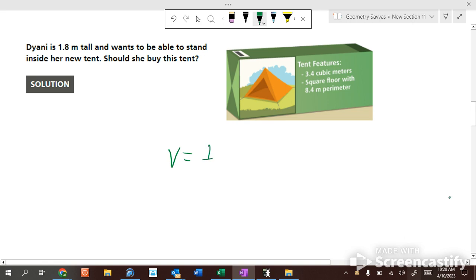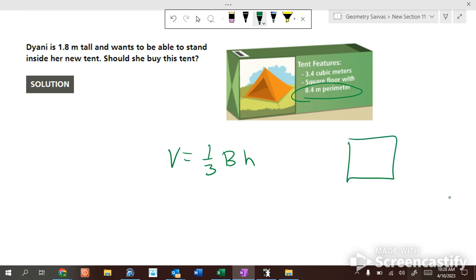Volume of a pyramid is 1/3 the area of the base times the height. The area of the base we know is a square floor with an 8.4 perimeter. If the perimeter equals 8.4, what's the length of each side? 2.1.